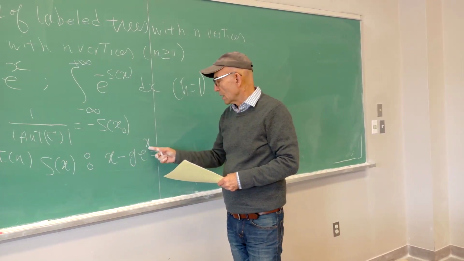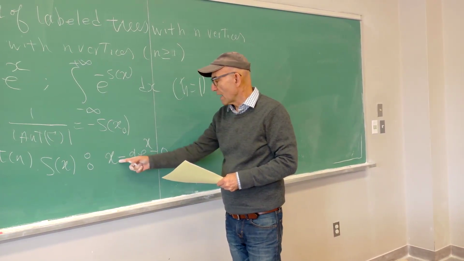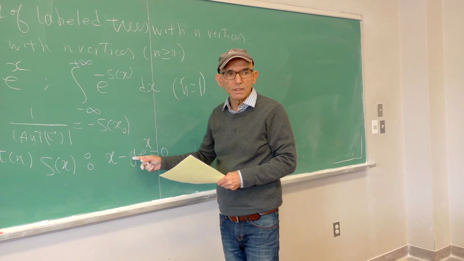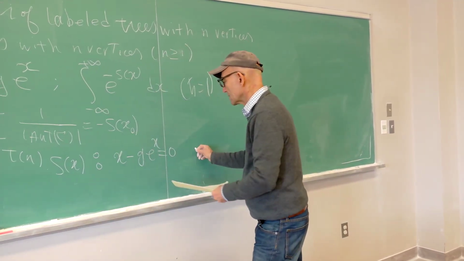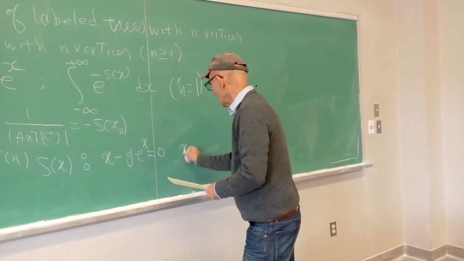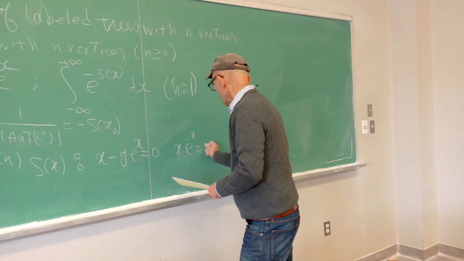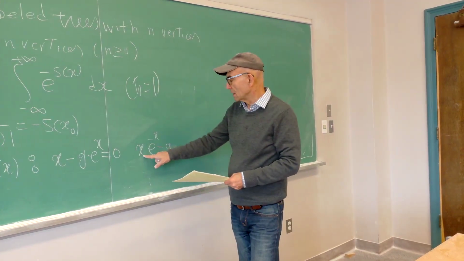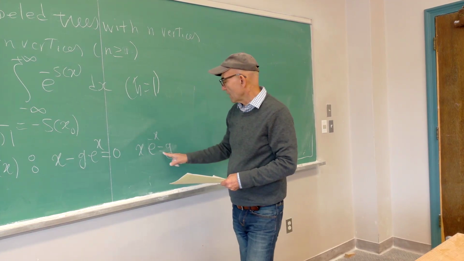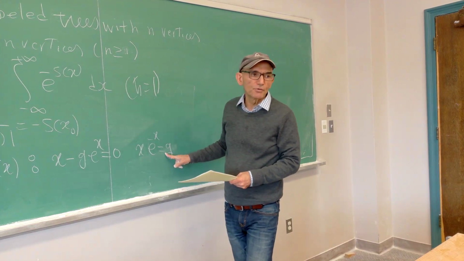So x is the value of the inverse of this function. Basically, the equation that you get here is x e to the minus x is equal to g. In order to find x0, we have to solve this equation in terms of g, for each g.